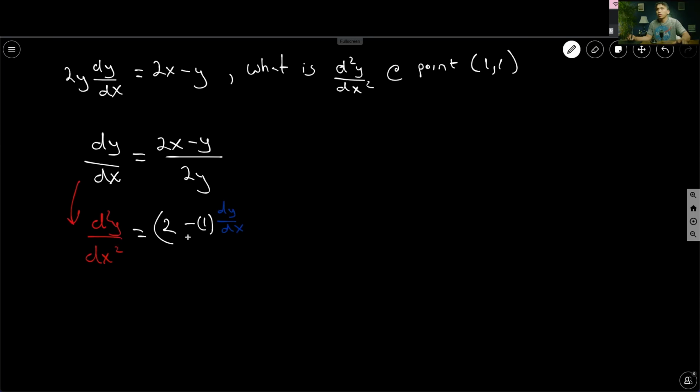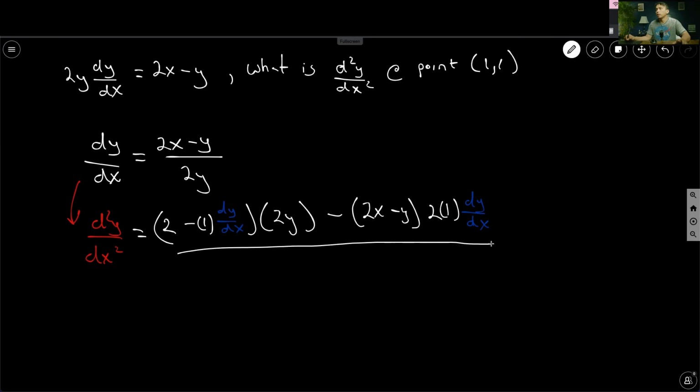And then we times that by the bottom, just as is, 2y. And then subtract that by, leave the top completely alone, 2x minus y. And then times by the derivative of the bottom, which is going to be 2 times the derivative of y is just 1. But then again, don't forget, the derivative of y becomes dy/dx. And all of that is being divided by 2y, and all of that is being squared.